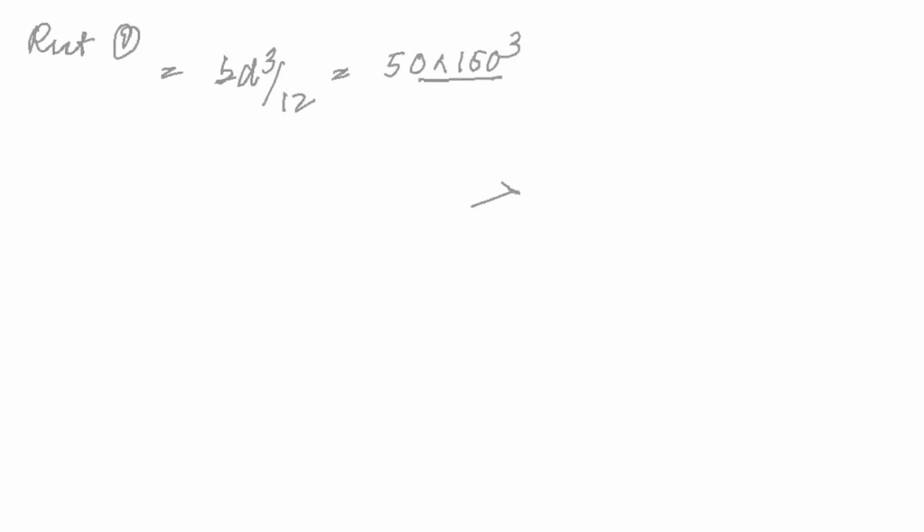So you need not calculate the center of gravity and then use the parallel axis theorem when you are calculating the moment of inertia about y-axis. So simply you can calculate the moment of inertia of rectangle 1 as b d cube by 12, which for rectangle 1, b is your 50 and d is 150, cube by 12, which comes out to be 14.06 into 10 raised to the power of 6.